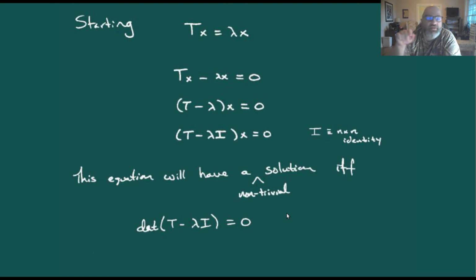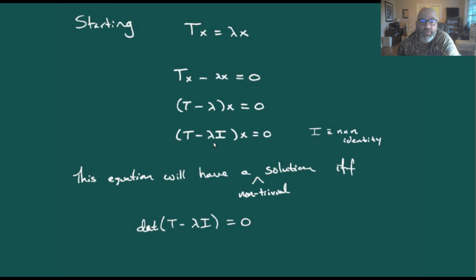Now, if we take that a little bit further, we can start with T of x equal to lambda of x. We move the lambda x to the other side, and we factor out our x, so we get T minus lambda times x. Well, T, remember, is going to be an n by n matrix. Lambda is just a scalar, but we can take lambda times the identity matrix, which also makes it an n by n matrix.